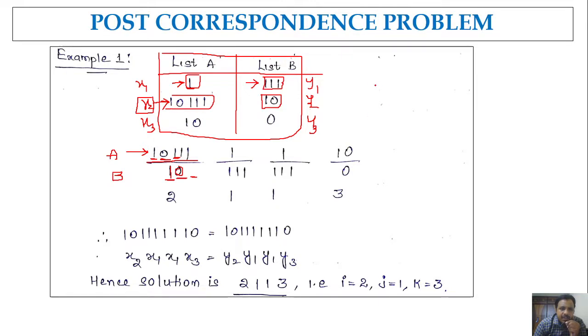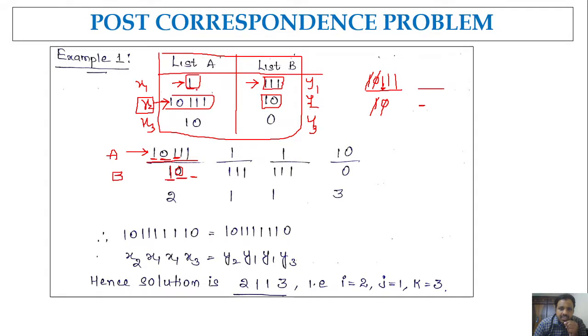If we select x2, this is the first part, right? This 1 is matched with this, and this 0 is matched with this. In the next iteration, the third symbol in A is 1, so definitely in B you must get the third symbol as 1, right?